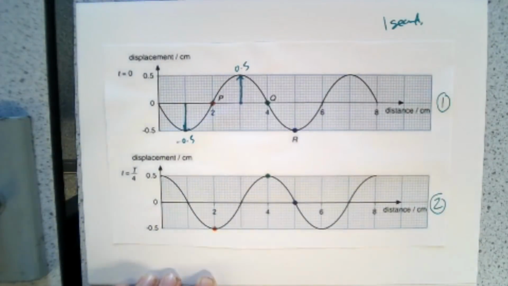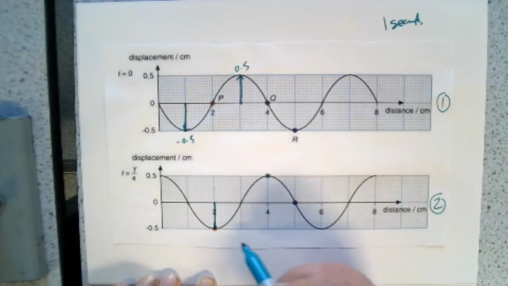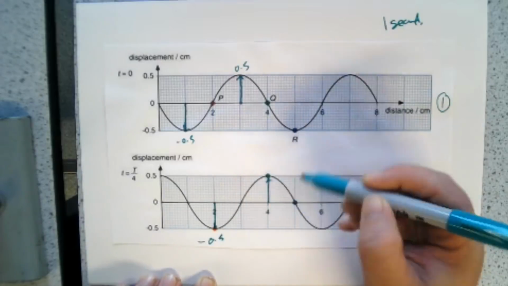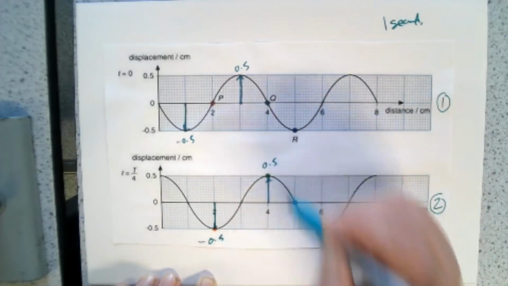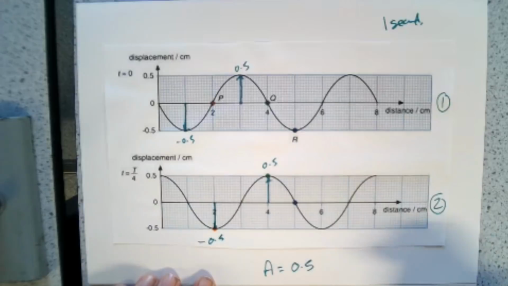Okay? I'm going to look at the amplitude of wave 2. So if I go from here down, I can see it's 0.5, minus 0.5, and from here up, I can see that it's 0.5. So at the moment, I'm going to put A for amplitude equals 0.5. All right, they're both the same.